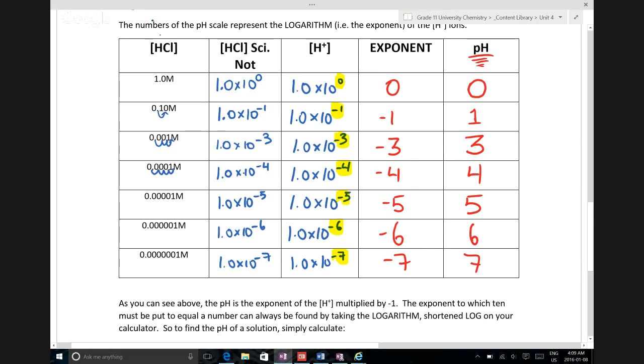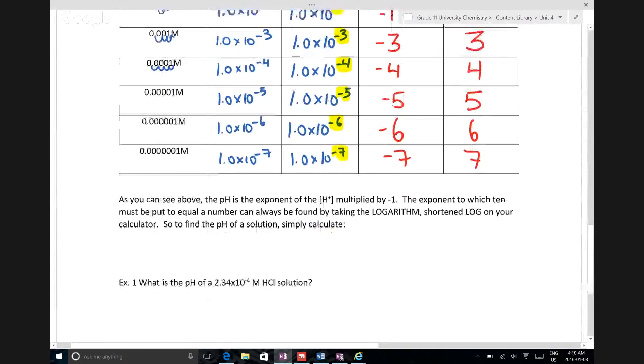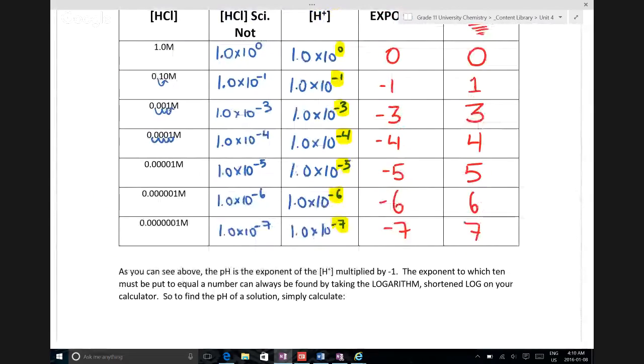If we tested that with pH paper, it would actually test just neutral. It would come out with a pH of 7. So the lower the concentration of H+ ions, the higher the pH goes. And the number matches perfectly with this exponent. It's just been switched. And that's because we measure pH by taking this exponent and just switching the sign, multiplying it by -1.